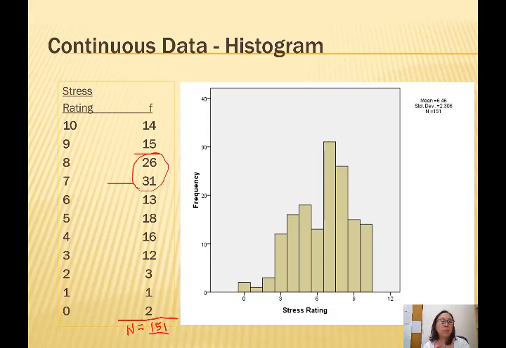So it looks like most people said 7 or 8, and that's probably pretty true for most people. Right? Maybe all of us thinking about our own stress level. Well, it's kind of a dangerous question to ask when you're talking about statistics, right? But that aside, people tend to be stressed. And so I don't think that this is too far away from an actual survey data.